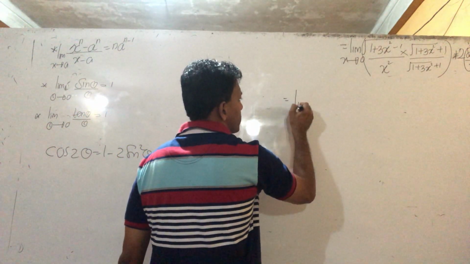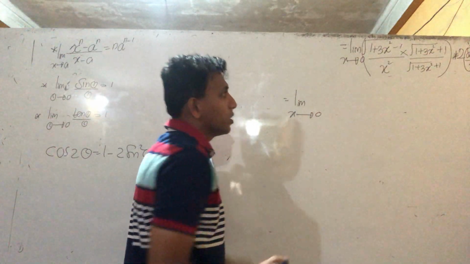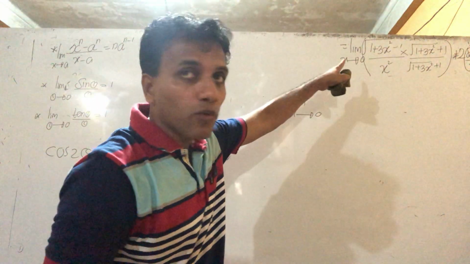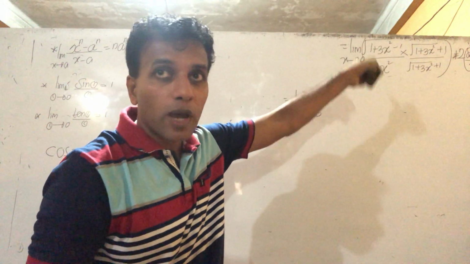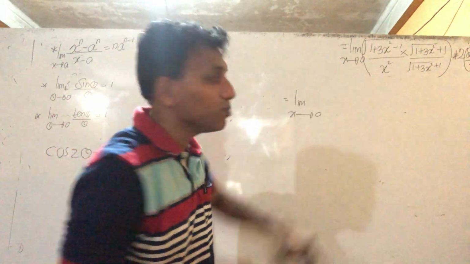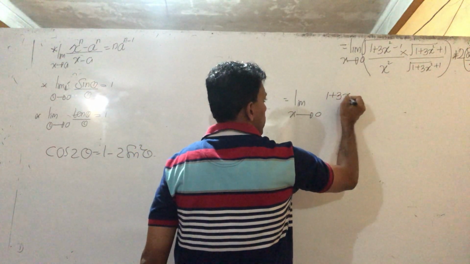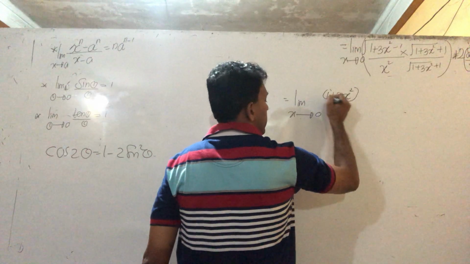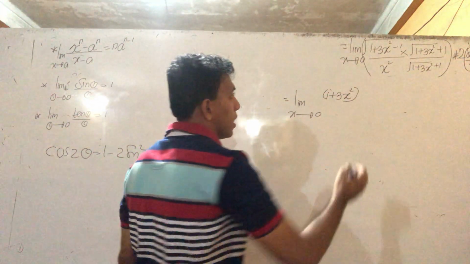Therefore limit x approaches 0. See the numerator, square root of 1 plus 3x square minus 1 times square root of 1 plus 3x square plus 1, like a minus b, a plus b, that is a square minus b square. Therefore the square root vanishes, that's why we use the conjugate multiplication.